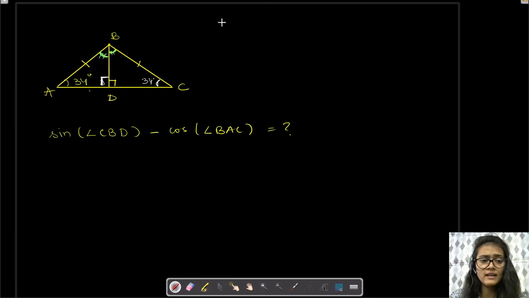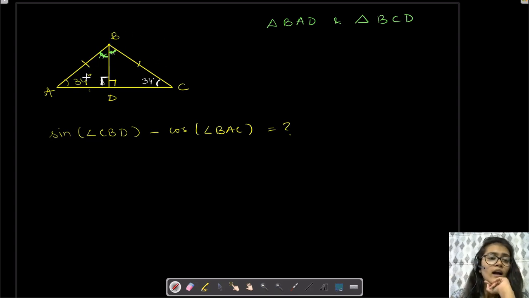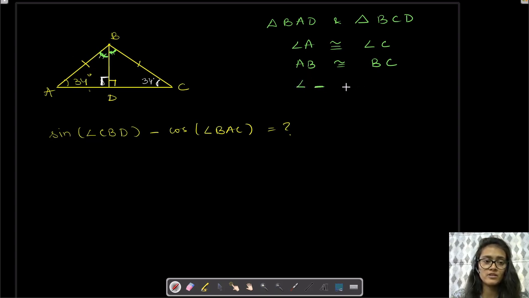So now if I see in triangle BAD and triangle BCD, side AB is congruent to side BC, and angle A is congruent to angle C. So I'm just gonna write this: angle A is congruent to angle C, and side AB is congruent to side BC, and this green angle is also same as the green angle.